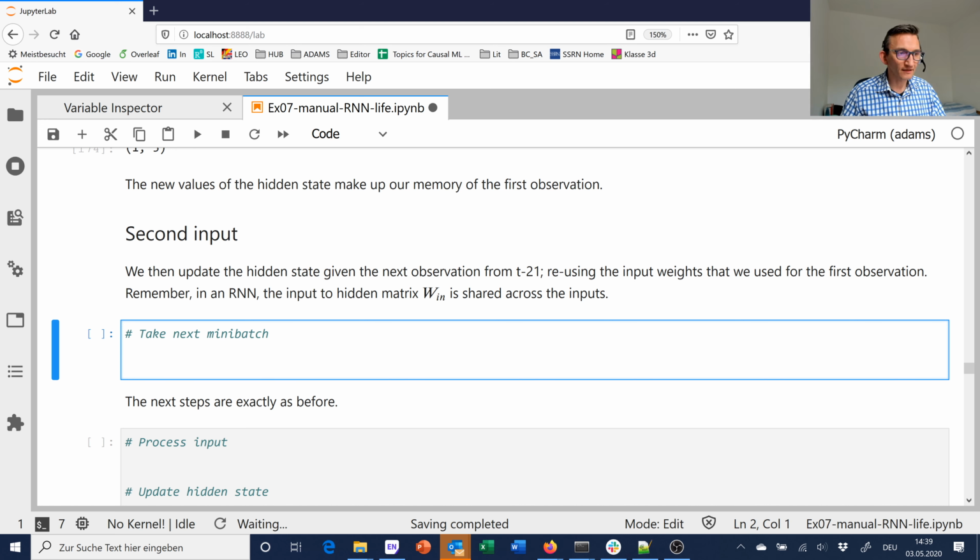So for the next mini batch, let's say second input, we go back to our mini batch, pull out a new value, always all the samples, and now previously we had 0 to 1, now we have 1 to 2.